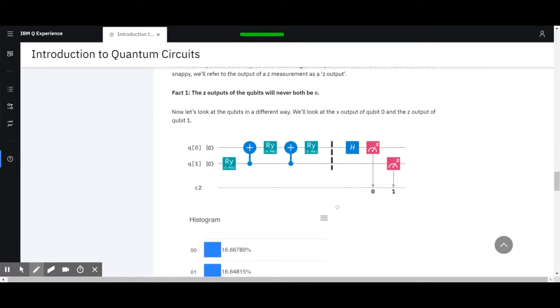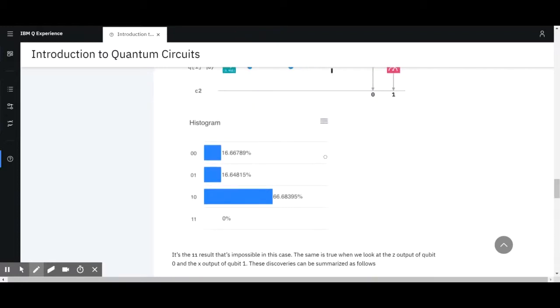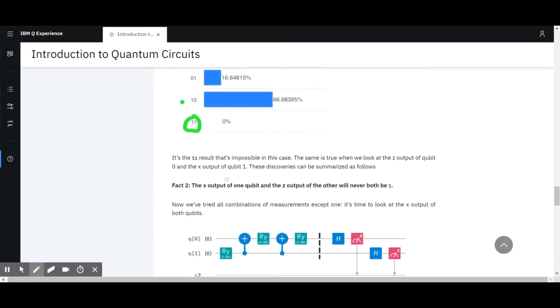Fact one. Now let's look at the qubits in a different way. So now we move that certainty. Now we do a next measurement. We measure qubit zero in the x basis, and now 1 is never going to be there, but also here I have different probabilities. The x output of one qubit and the z output of the other qubit will never be both one.